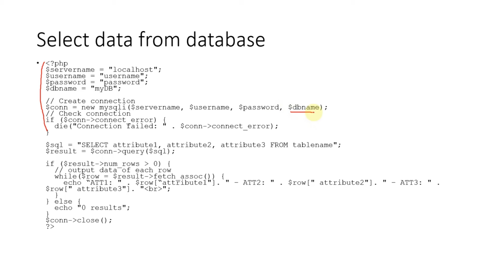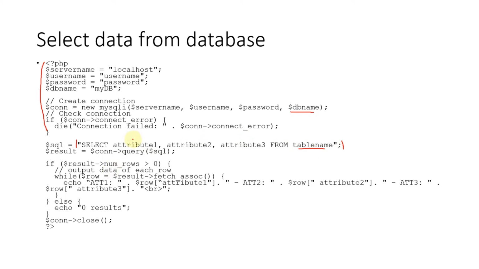The rest is similar, so it will either connect or will give an error that the connection failed. After that we will type the select statement, which will give us some result, and that would be actually the displaying of contents of the table stored in the database.